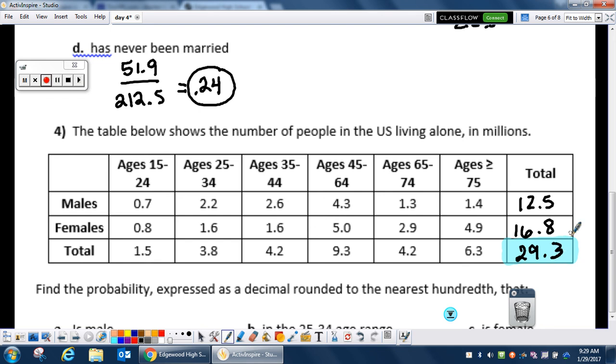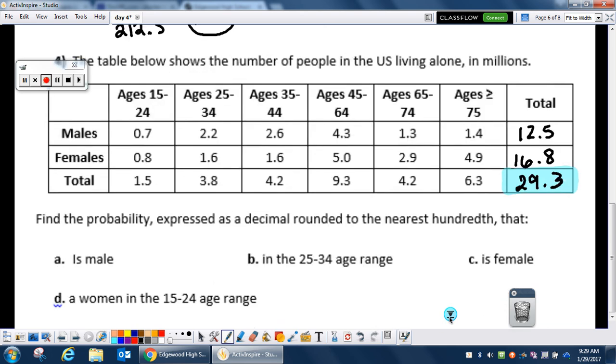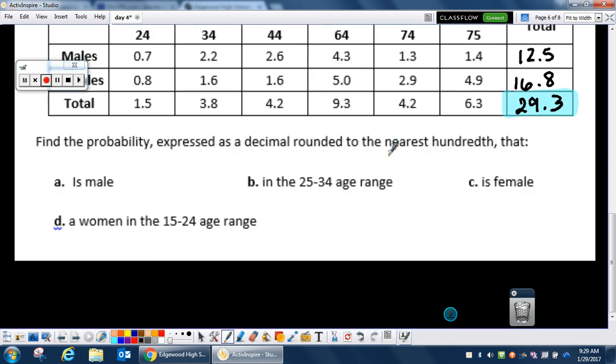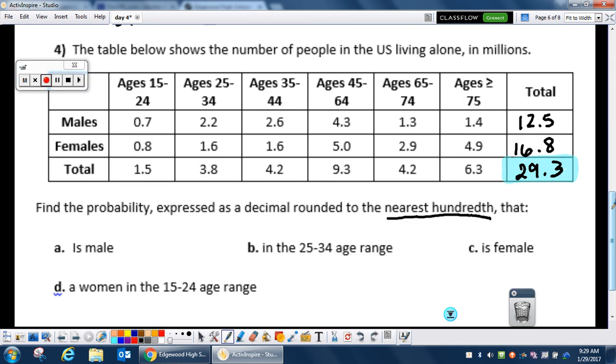All right, so again, this has a decimal rounded to the nearest hundredth, so 2 spots. The first one, we want to know the probability of being a male. So you would take the total number of males divided by the total number of people surveyed. I will be around to check.